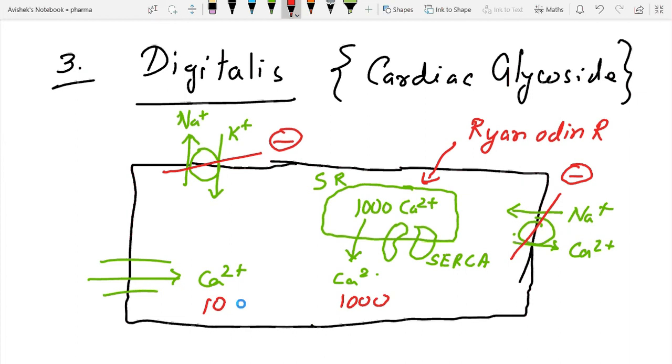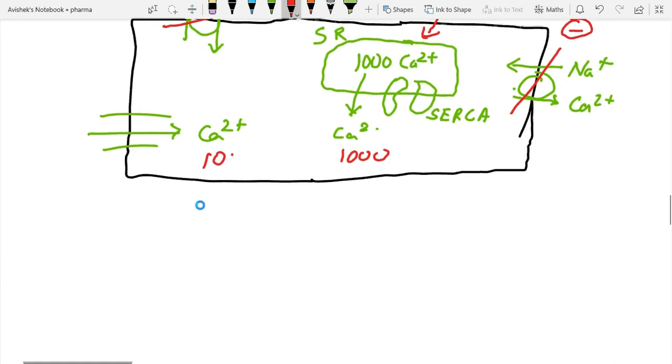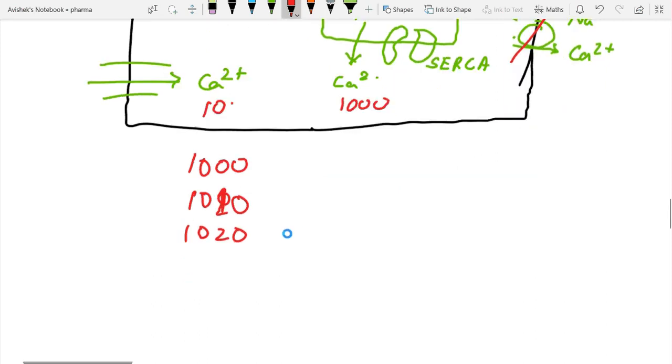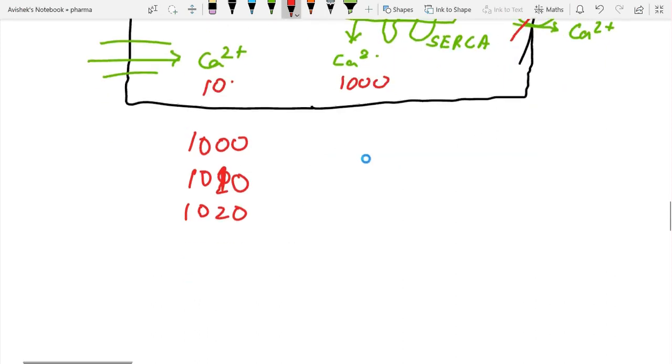So every time, 1000 plus 10, 1010. In the next beat, 1010 is still remaining. They block this calcium, so calcium is not going outside. Again 10, so first it will become 1000, 1010, 1020. So what will it lead to? It will increase the contractility.